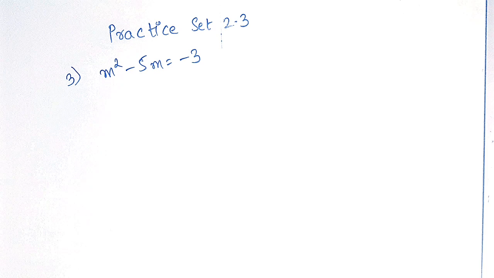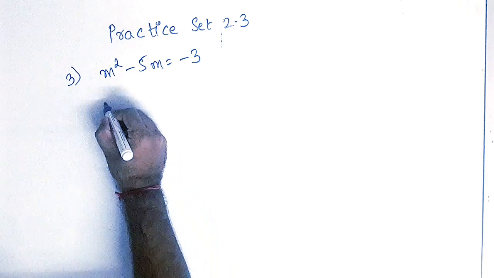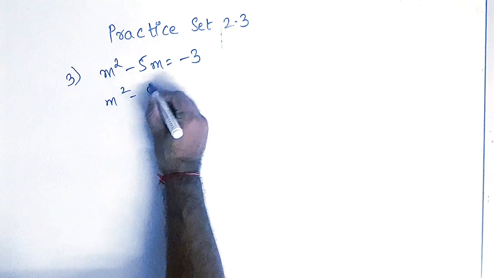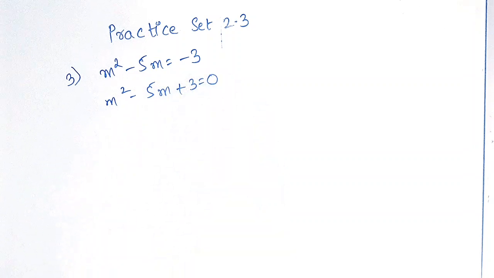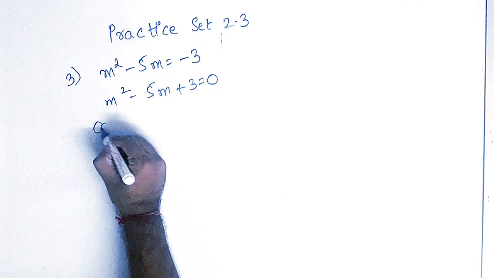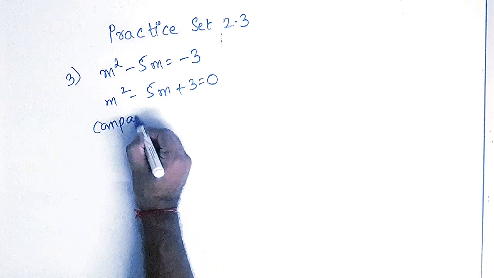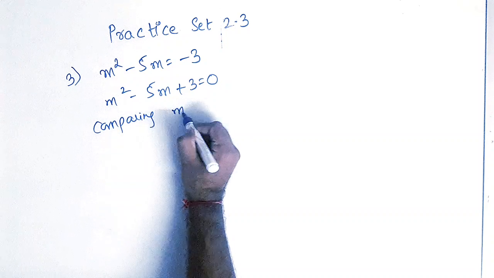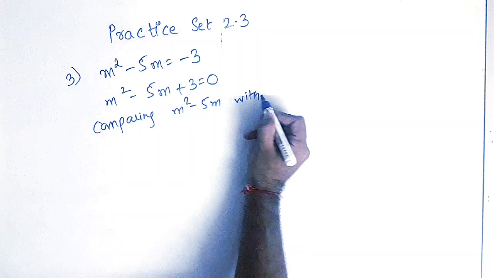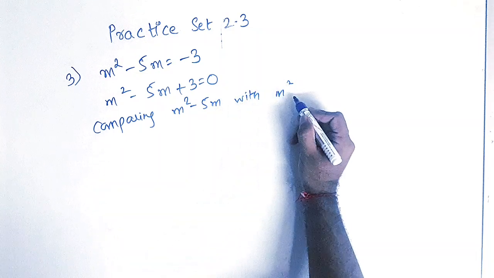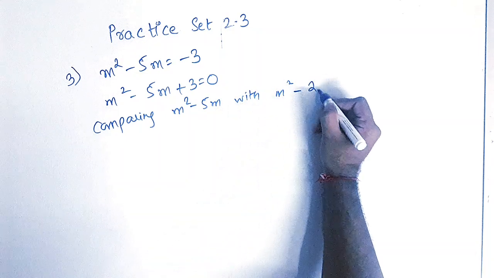So let us begin the third one. First we have to convert it in this form, m square minus 5m plus 3 equals to 0. Write the equation in standard form. Then comparing m square minus 5m with m square minus 2mn.